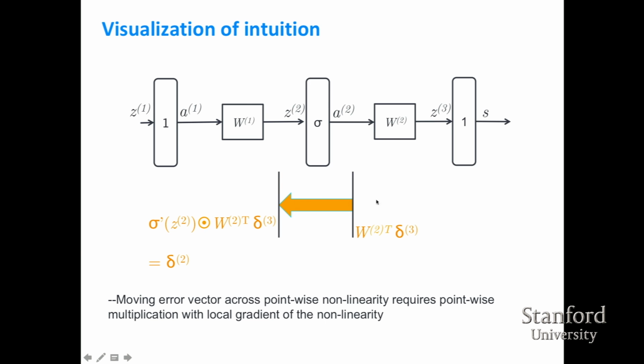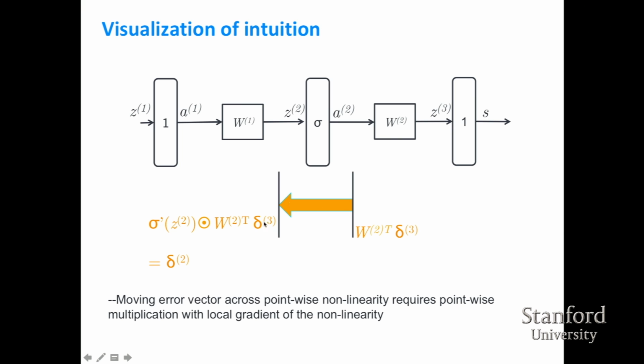And so as we update the next delta, we also have an element-wise derivative of each of the elements of this activation. So as we move our error vector, or error signal, or global parts of the gradient through these pointwise nonlinearities, we need to apply pointwise multiplications with the local gradients of the nonlinearity.